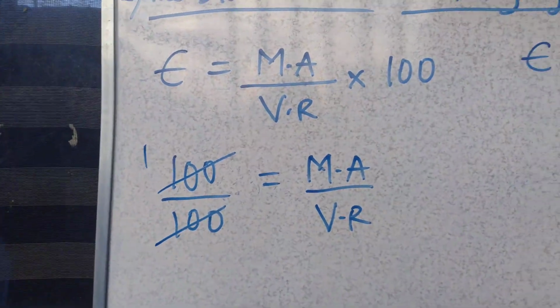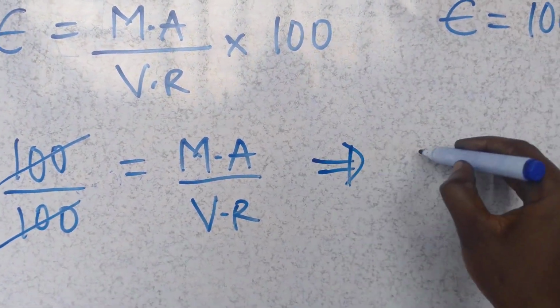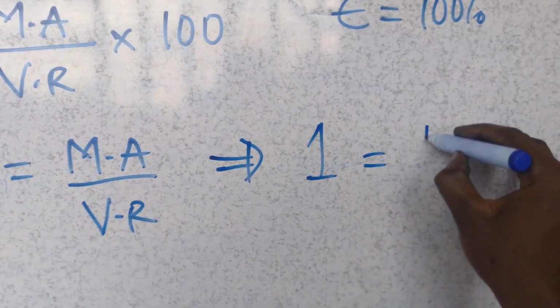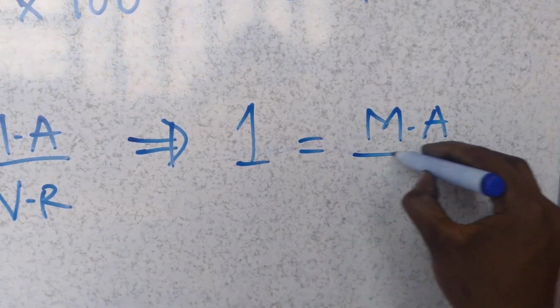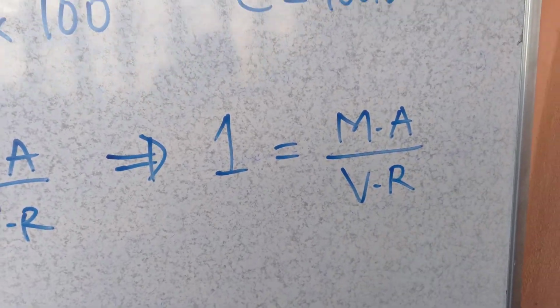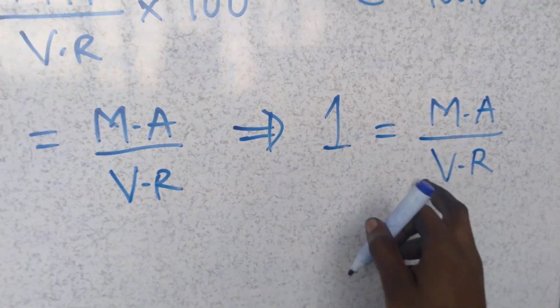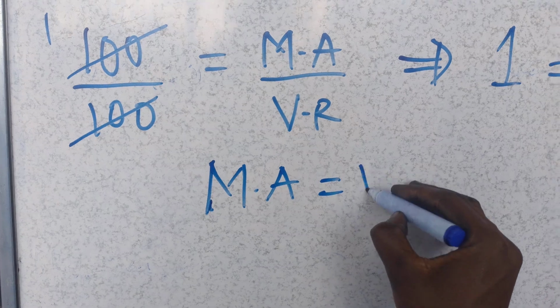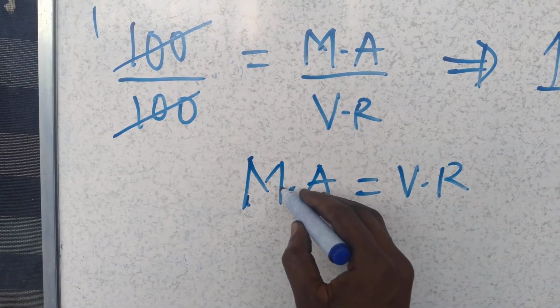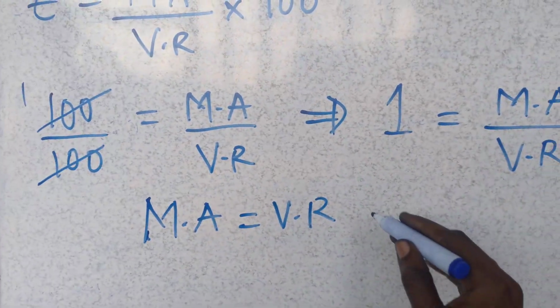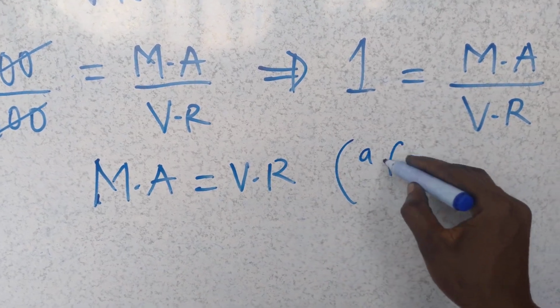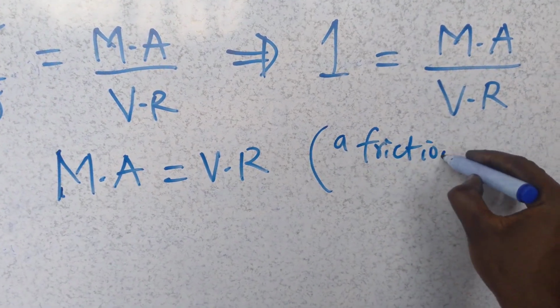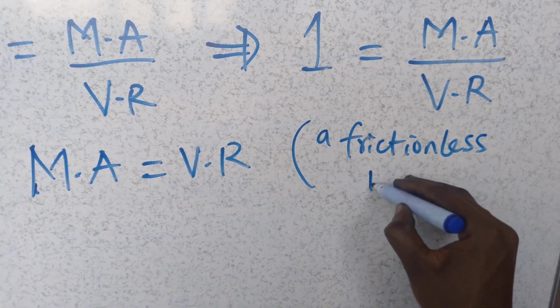So 1 is equal to MA over VR. If I cross multiply, I'll have that mechanical advantage is equal to the velocity ratio. So this can only happen for a frictionless pulley.